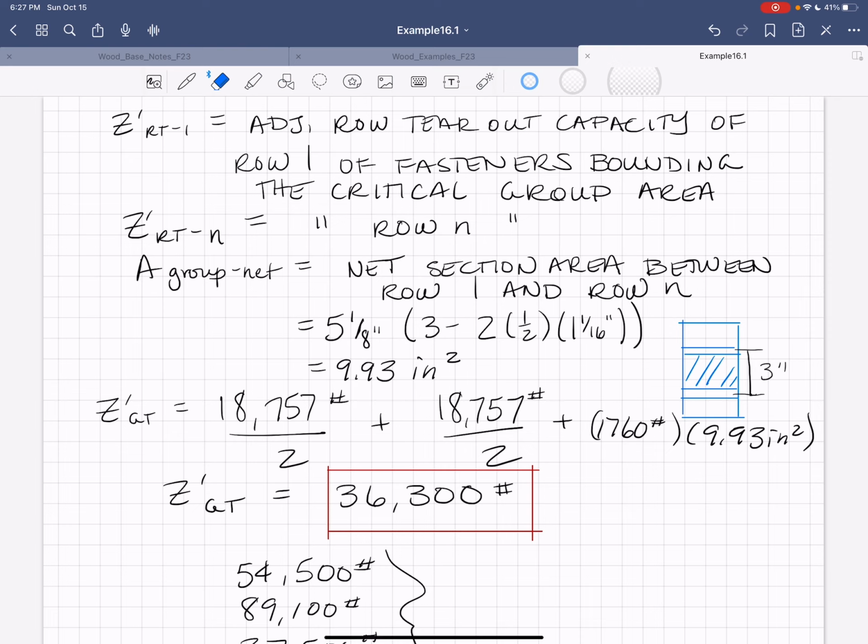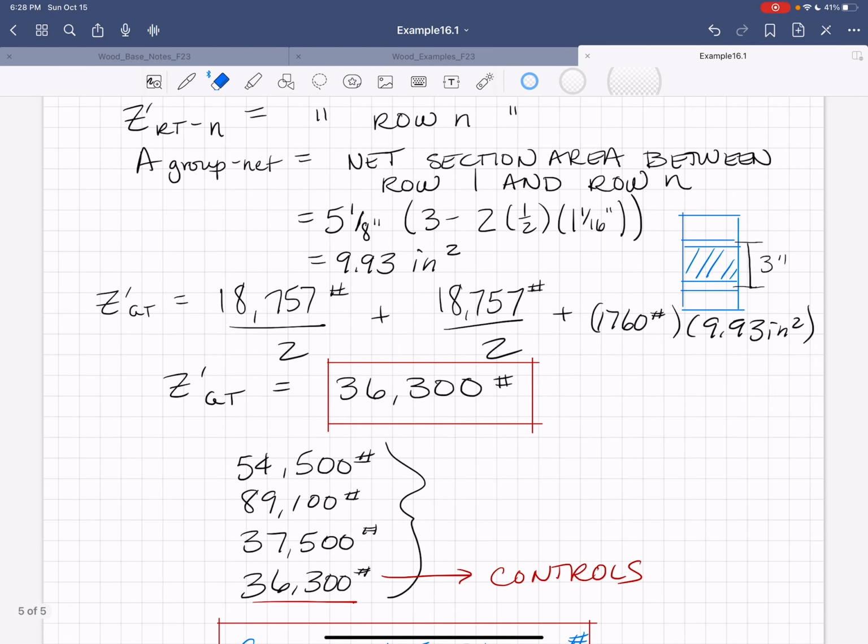A group net is the net section area between row 1 and in our case row 2. So that's this shaded blue. That's a fairly simple calculation. Then I plug into the Z prime GT equation. I get 36,300. That's a lower one than I've gotten so far.